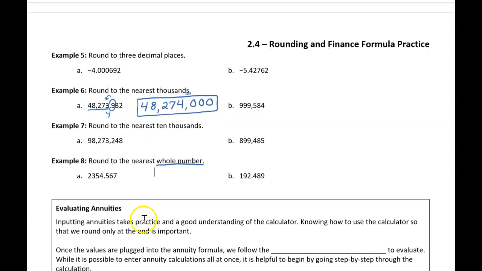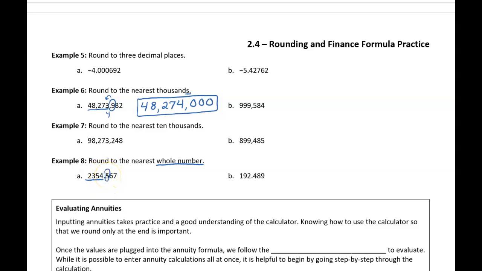So let's look at part A. We have 2,354.567. So whole number, that ones place, I'm going to underline everything up to that on the left. Then I circle the number to the right. That's the 5. So the 5 is going to determine what happens to this 4.